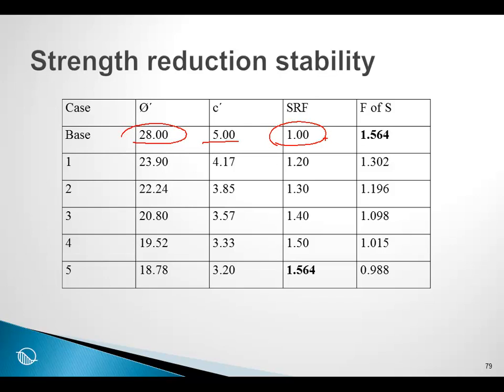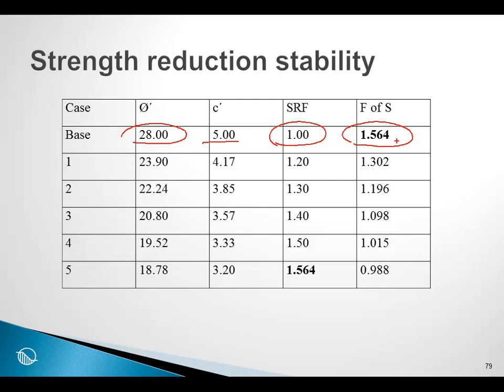In other words, the strength is not reduced at all. Now, it is always useful to put the strength reduction stability analysis in the context of a traditional SLOPE/W analysis. And when we take our base strength from the SIGMA analysis into SLOPE/W, we compute a factor of safety of 1.56.